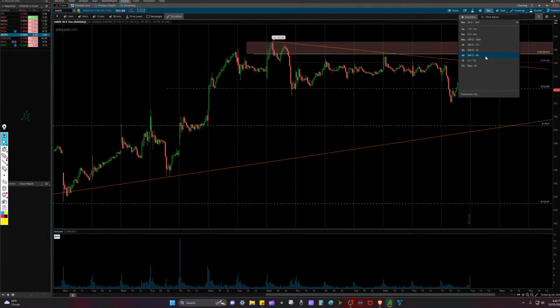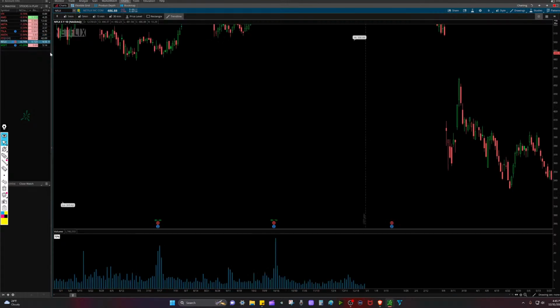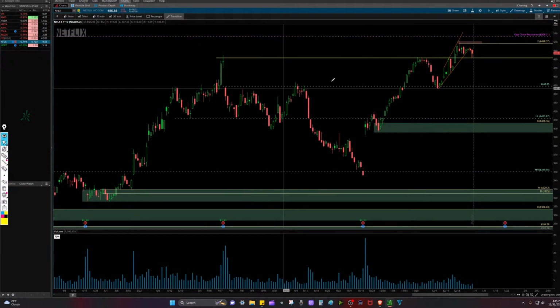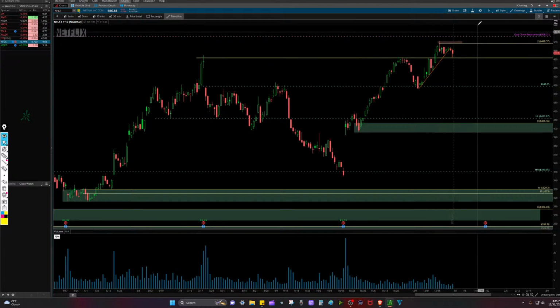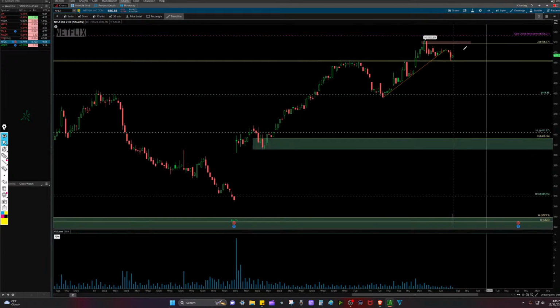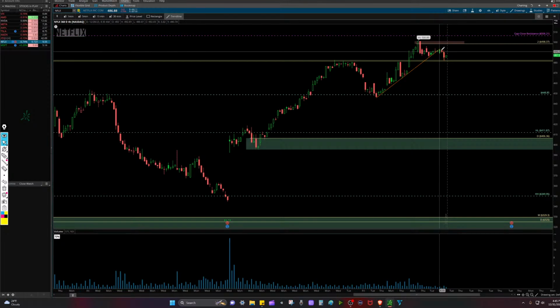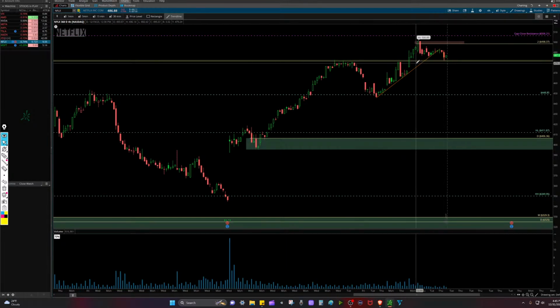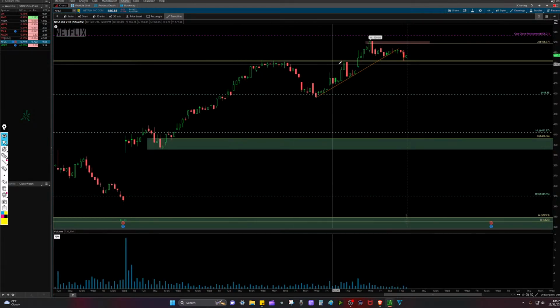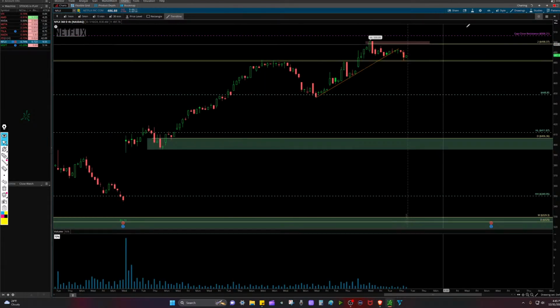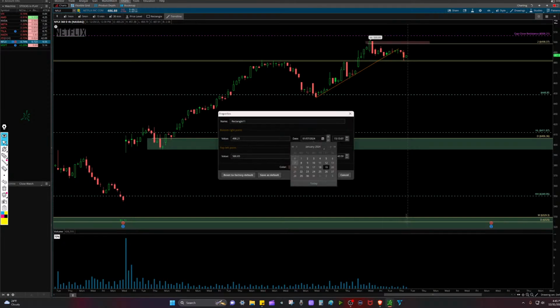Let's do that. Netflix. Broke this trend line, but it didn't go below this 480. It perfectly supported my gray zone, right? I'm going to respect that.